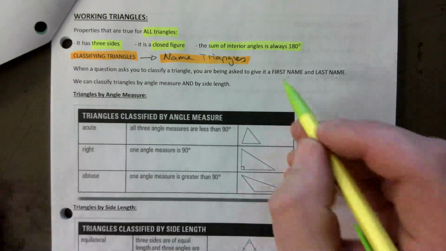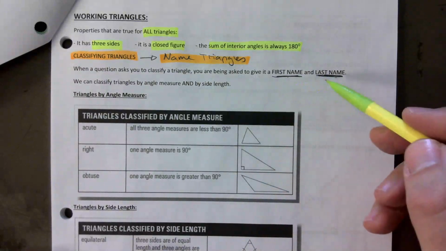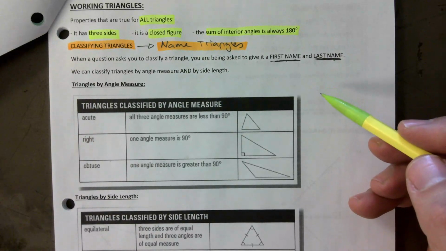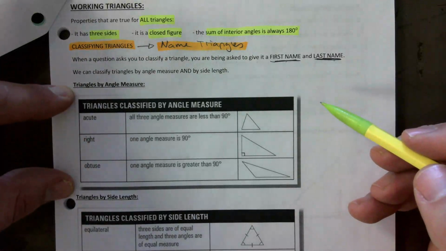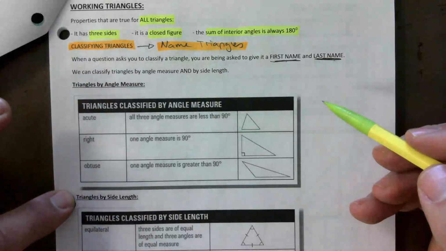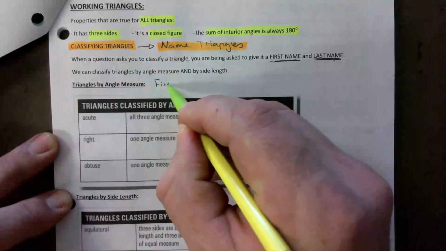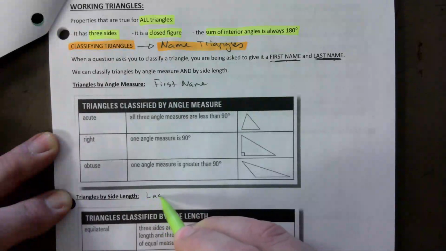So every triangle technically has two names associated with it. We don't always do that. So this is going to be the first name, and this is going to be the last name.